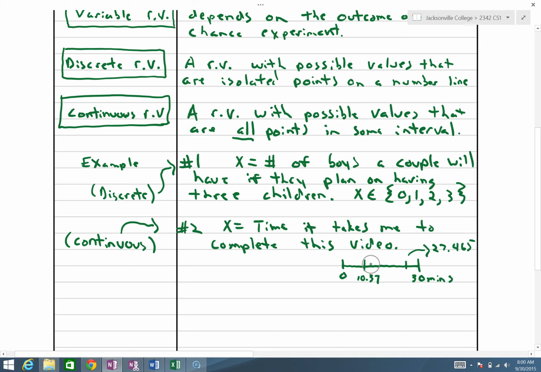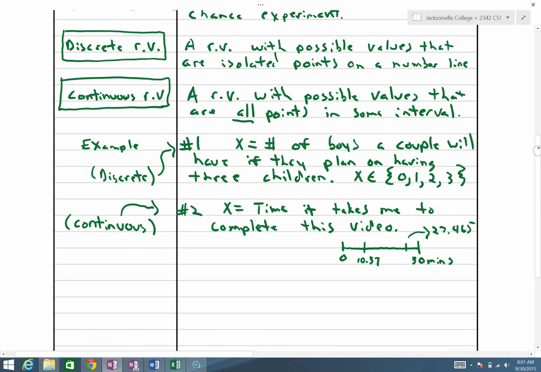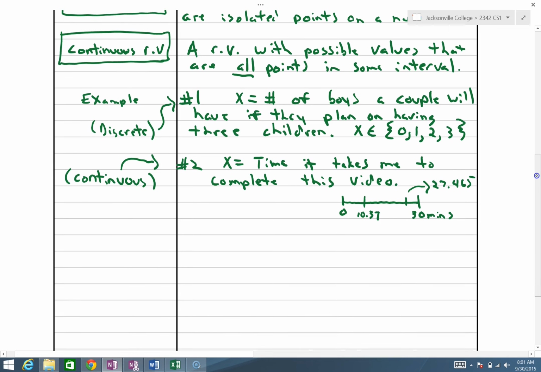So while this video hopefully is not infinitely long, there are an infinite number of outcomes depending on possibly the sensitivity of my measuring stick. So you get the idea. Discrete means it's specific values on the number line, and often we think of them as being integers. And continuous is some interval of the number line where it can have an infinite number of outcomes. All right, the remainder of this video will focus on this discrete case.